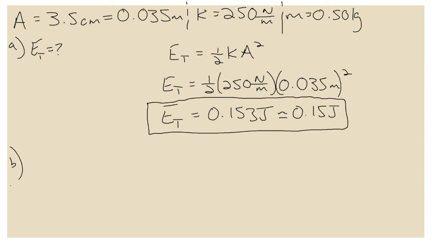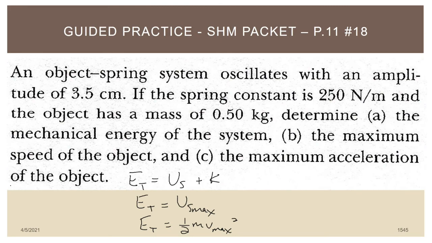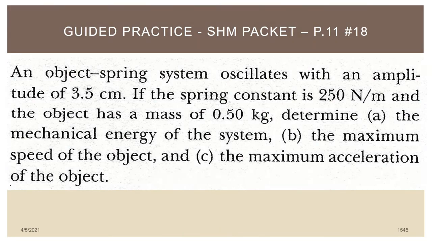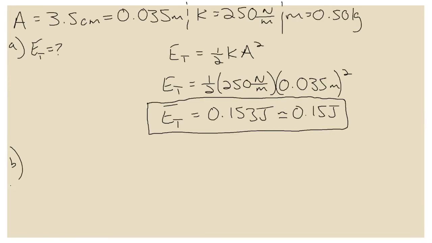Now for part B, we're going to make use of another equation we talked about today, which is the equation for the maximum speed of the object. So B says, what is the maximum speed of the object? As we saw here, you can determine the maximum speed of the object if you wanted to. You don't have to go nuts about this. First of all, we'll just write that v max is unknown. If you forget this equation, you can always bail yourself out by saying, well, the total energy in the system when the speed is maximum is going to be all kinetic energy.